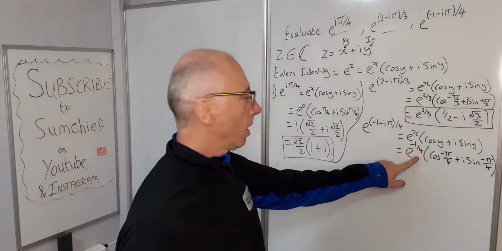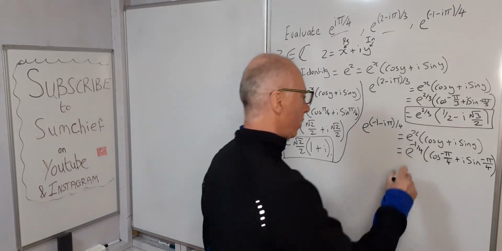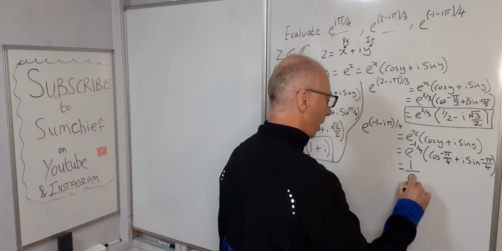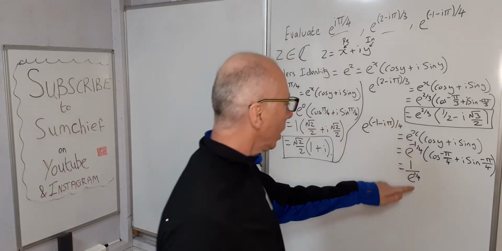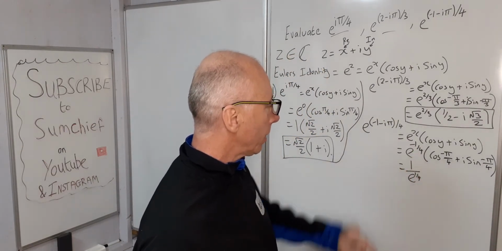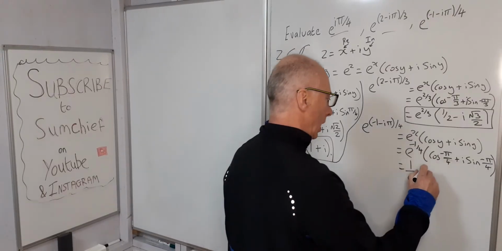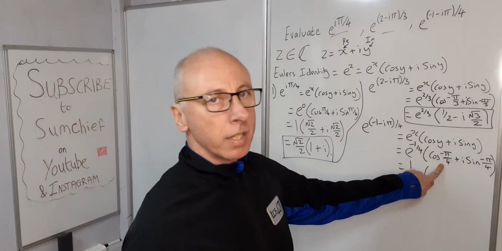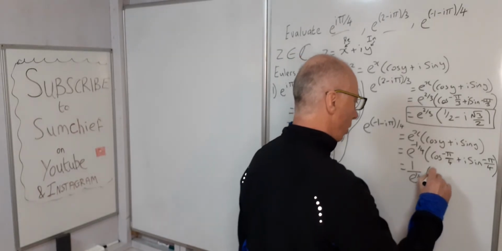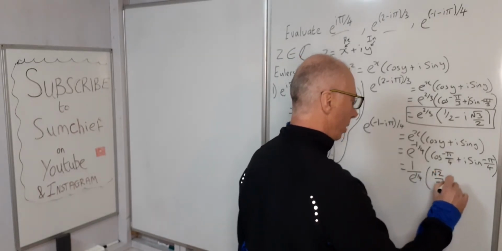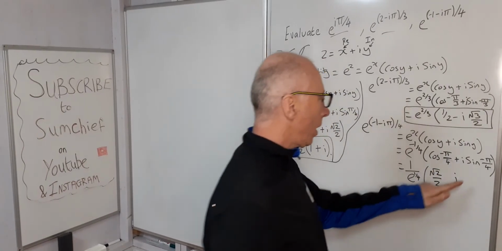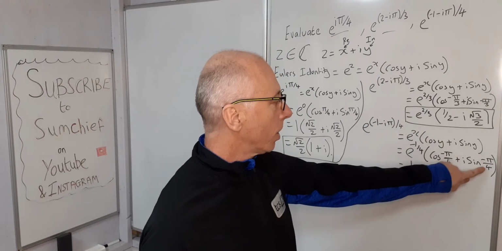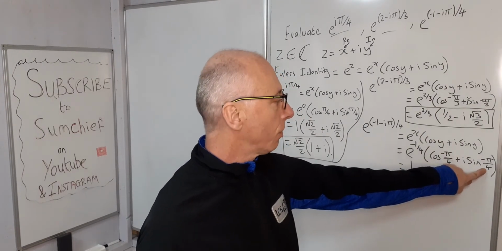Okay, e to the minus 1 over 4, what we can say is that is 1 over e to the quarter. Obviously the minus on top, so we can bring it down to the bottom to make it positive. Cosine of negative pi over 4, root 2 over 2. And again, I'm going to leave the sign out, the plus or minus here, because sine of negative pi over 4 is negative root 2 over 2.